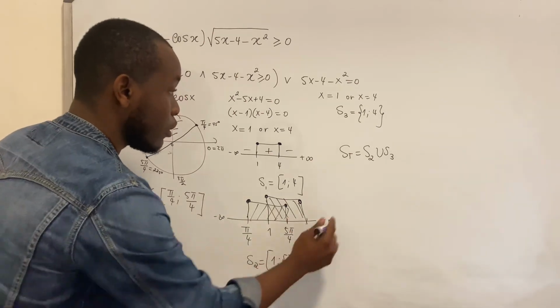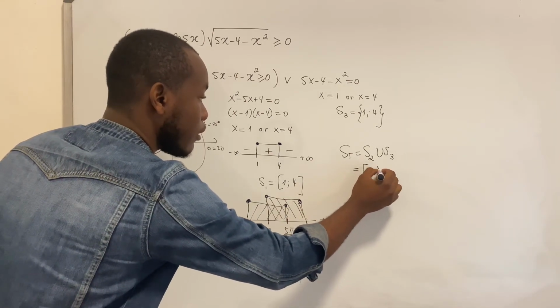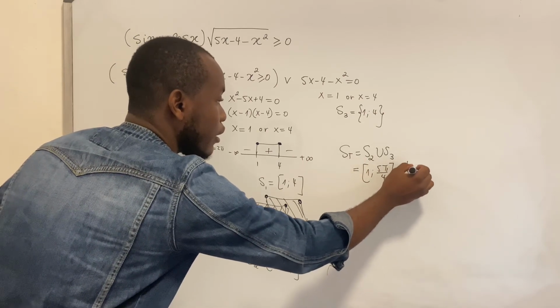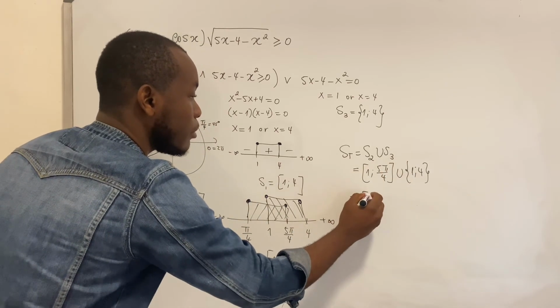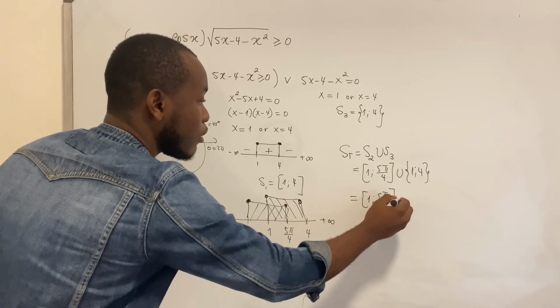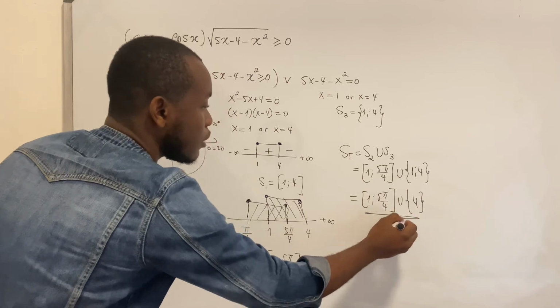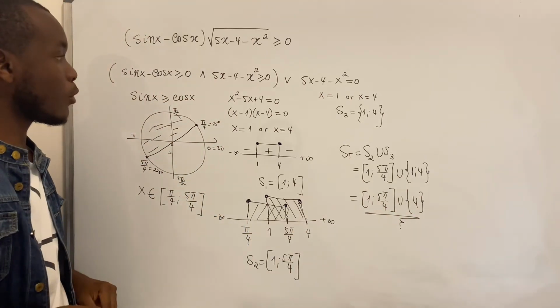That means the interval from 1 to 5 pi over 4, and 4. This is the solution of this specific inequality.